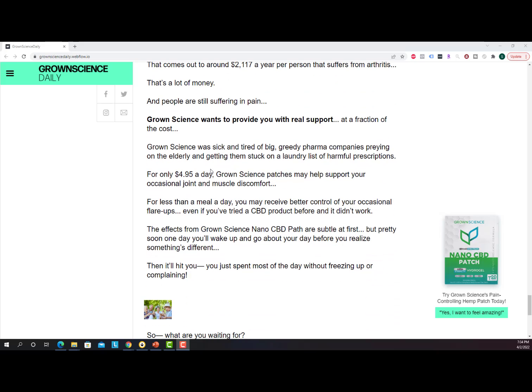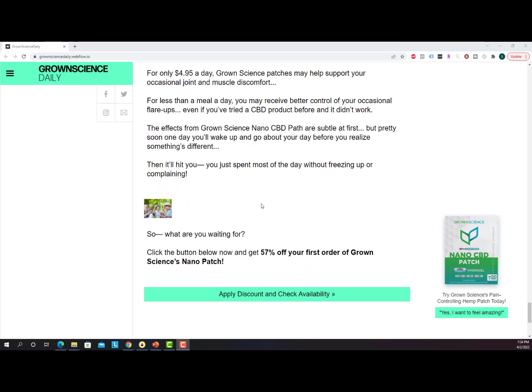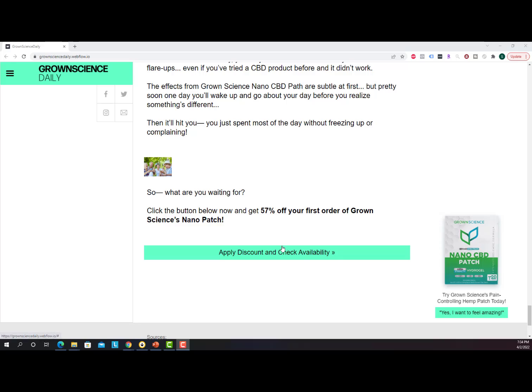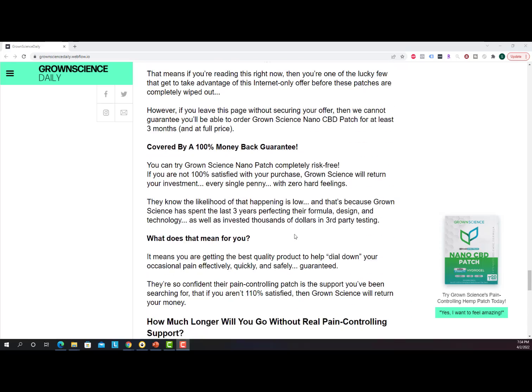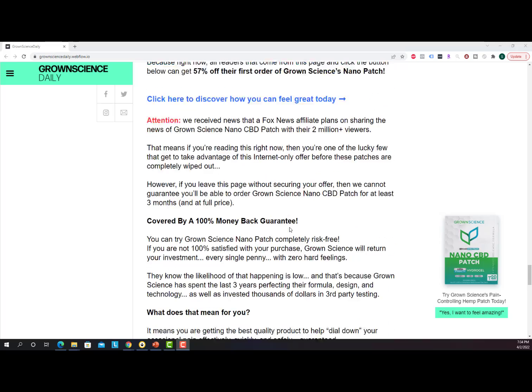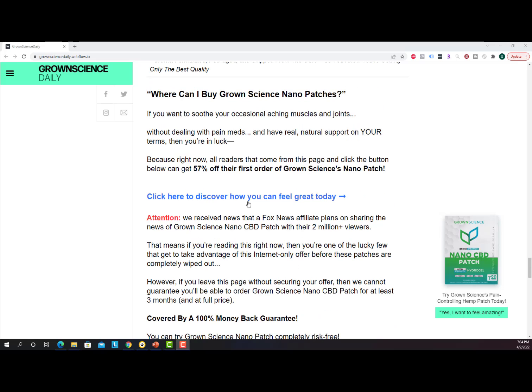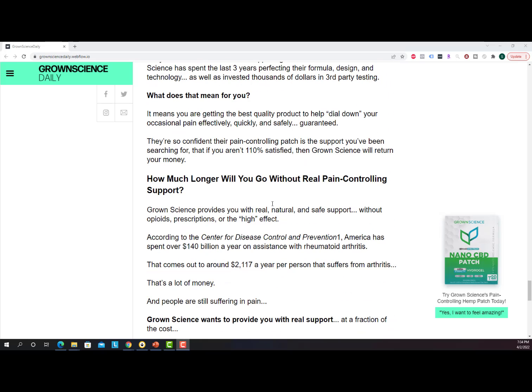For only $4.95 a day, patches may help support your occasional joint muscle discomfort. So what are you waiting for? Apply discount and check availability. So multiple calls to action if you weren't convinced and didn't click the link up here. So very strong advertorial here. It's a great format to follow for pretty much any offer that you could think of.